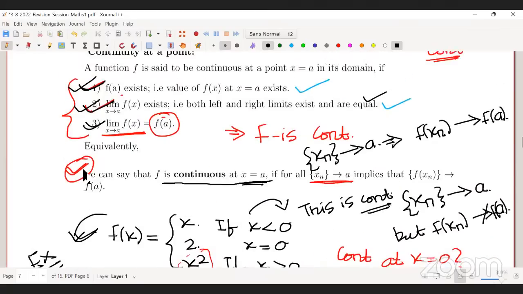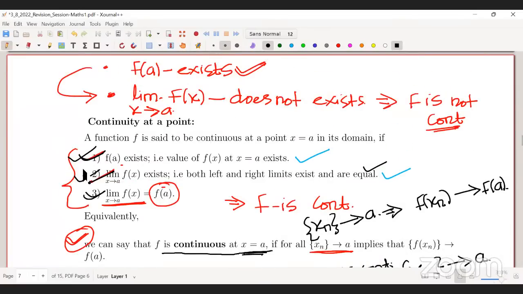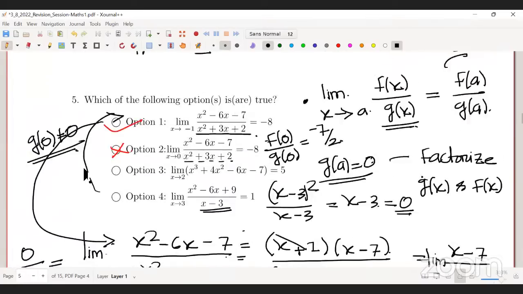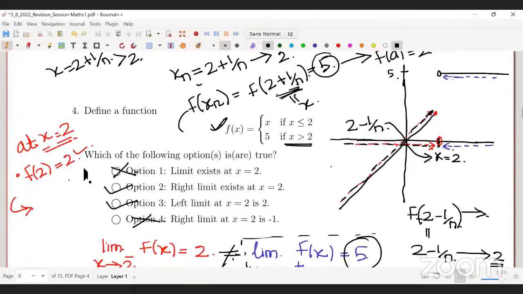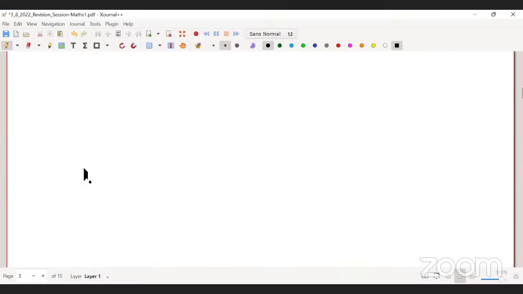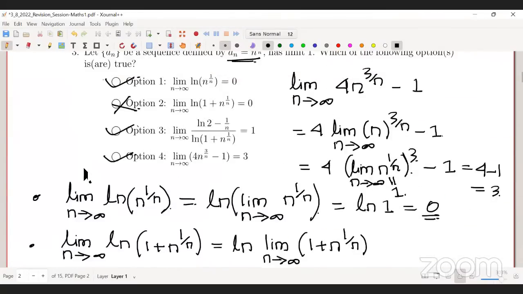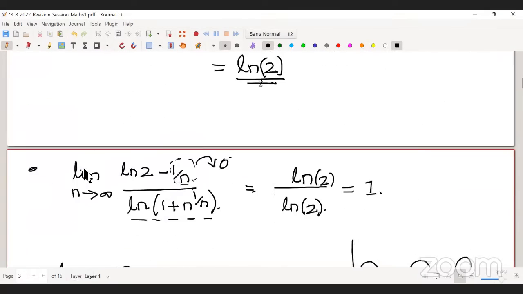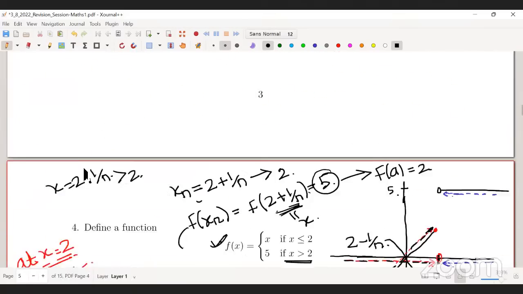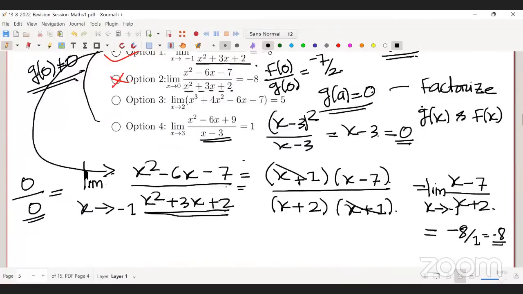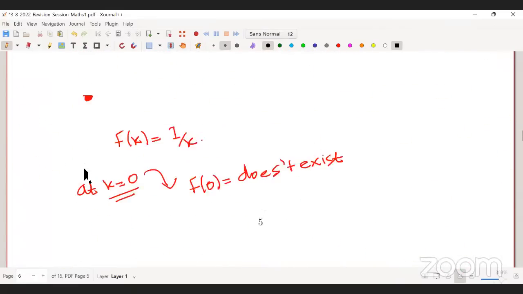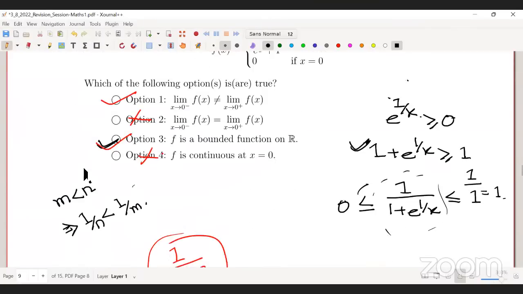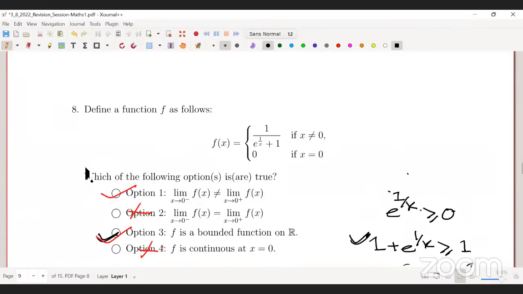Bounded on R. I think there were four conditions, after continuity. Yes, sir, this one.